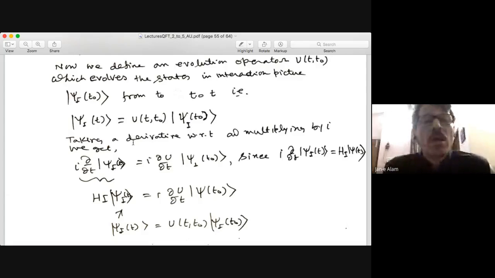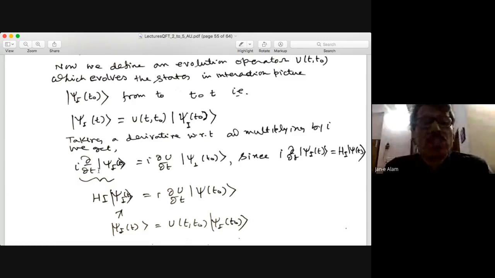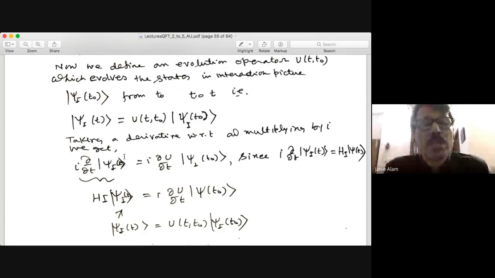Now we take a derivative of this equation with respect to t. This is a function of time, so I have a dU/dt term times psi at t naught, and the other derivative doesn't exist because psi at t naught doesn't contain any t dependence. So this is the equation I get, right?